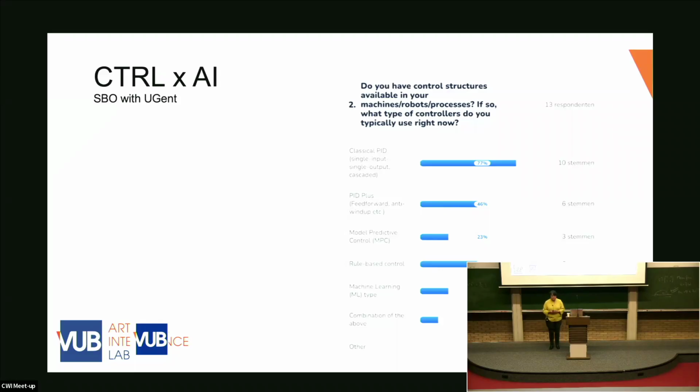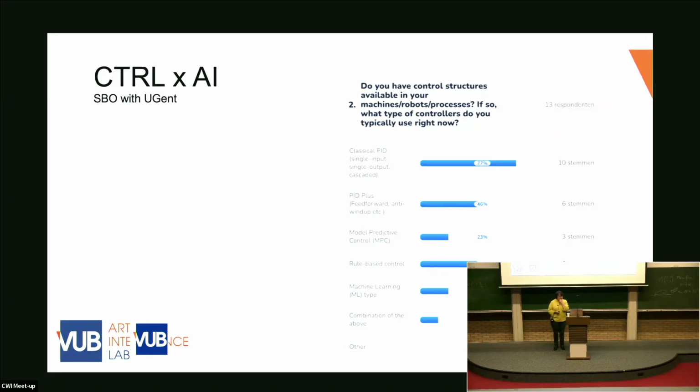So there's a user committee of about 15 companies. And here we also did a survey to know how advanced the companies are in using AI techniques. And I will just show you a part of the survey.